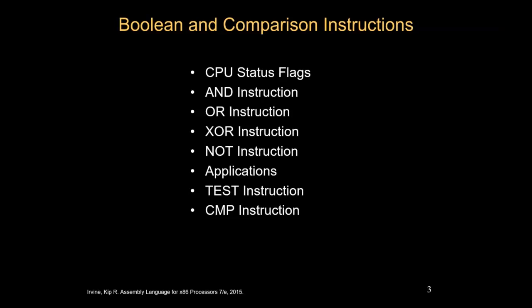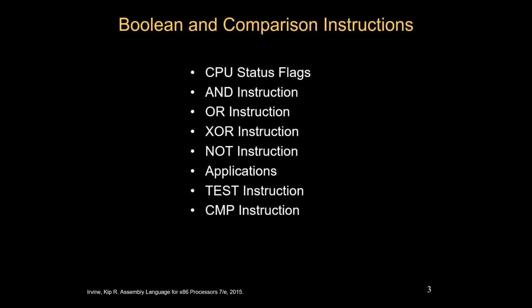We have the AND, which is a Boolean operation between the source operand and the destination operand. We have the Boolean OR, which happens between the source operand and the destination operand.